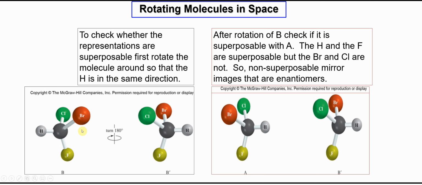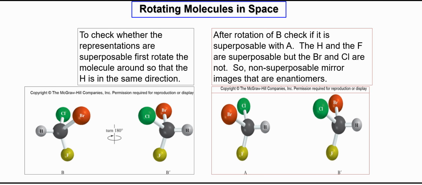You always put your hydrogen in the same direction and then you rotate it. If the 2 molecules like this A and B, you rotate 180 degrees, you receive your B. If those 2 molecules are non-superimposable, you call them mirror images.